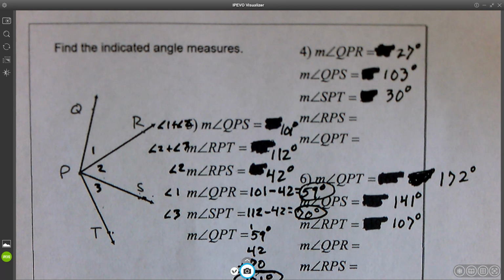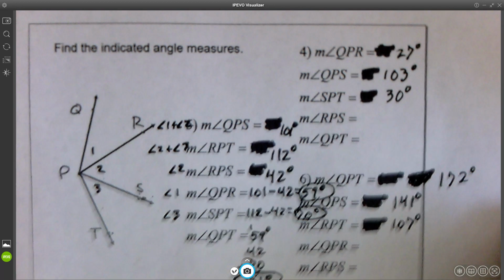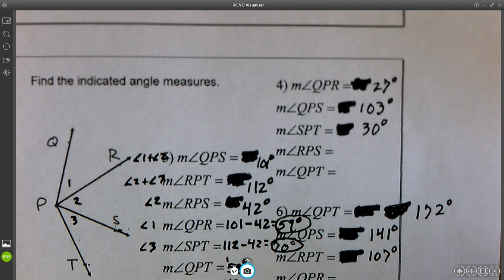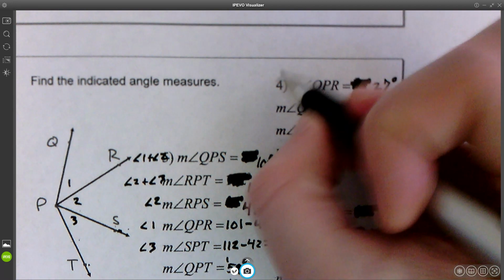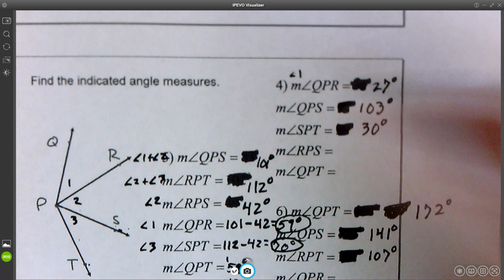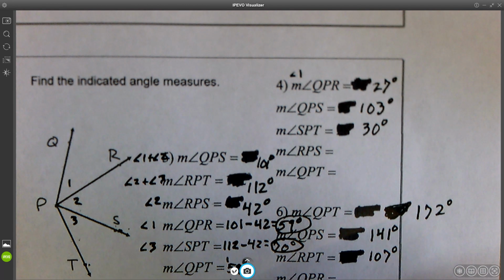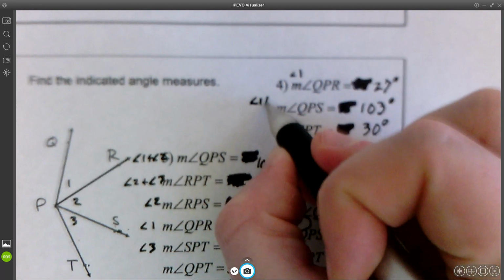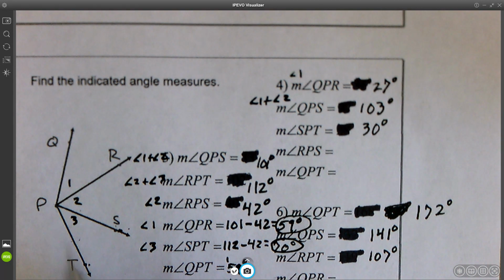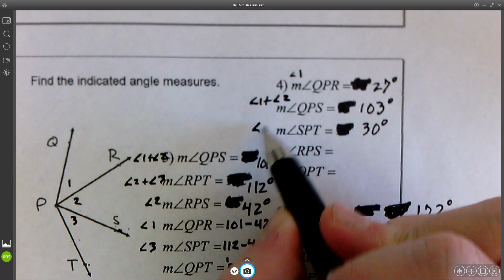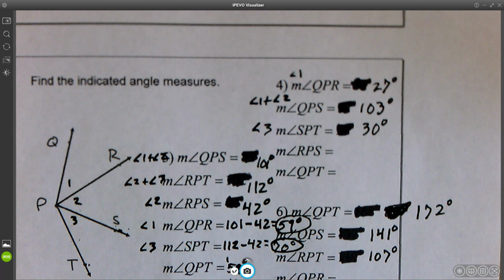So let's go back to number 4, since it should be a little bit easier. QPR, so that's angle 1. QPS, angle 1 plus angle 2. SPT, that's angle 3. Which means we don't know what RPS is.